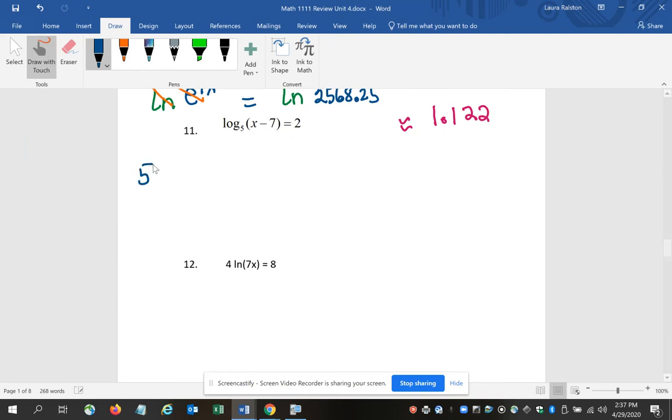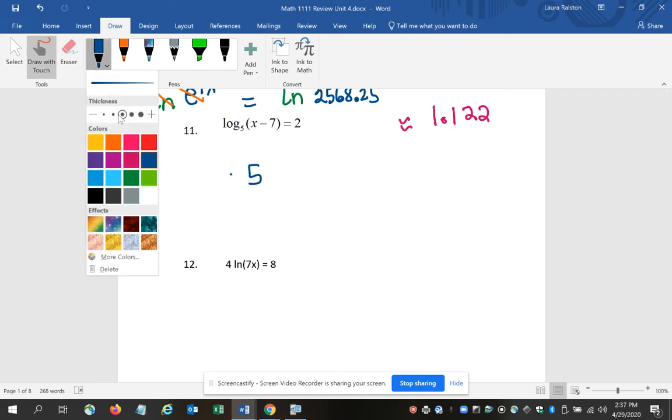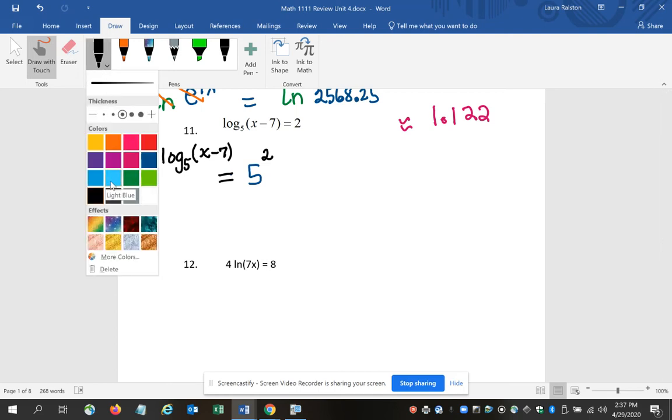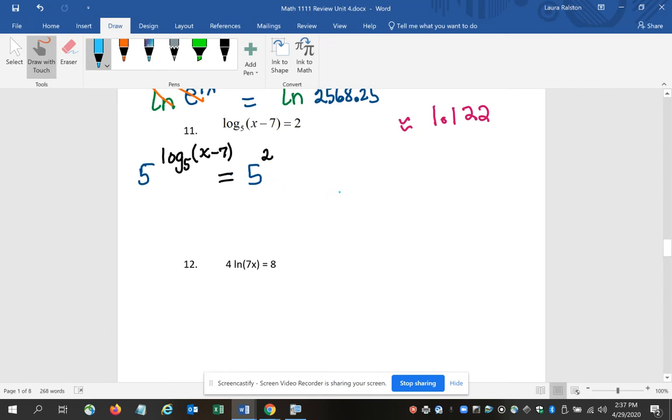So I would have 5 and raise each side as my exponent. So I'd have 5 raised to the log base 5 of x minus 7 equals 5 squared. Again, our benefit there is that an exponential base 5 and a log base 5 will divide out, so that I have x minus 7 equals 5 squared.